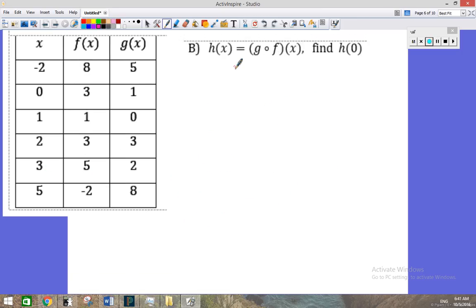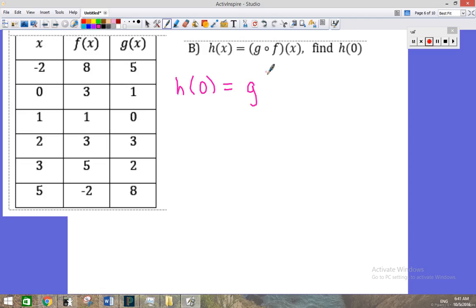Now they just happen to call the function in part B, they also called it h. It's not the same h from problem A. But it is a composition, it's just the composition is defined in the other order. We want to evaluate h when x is 0.